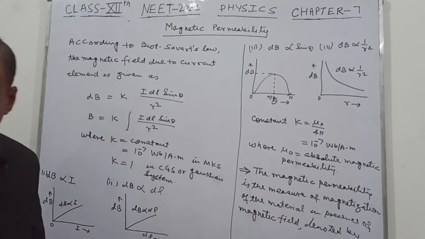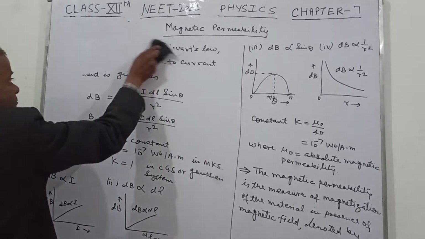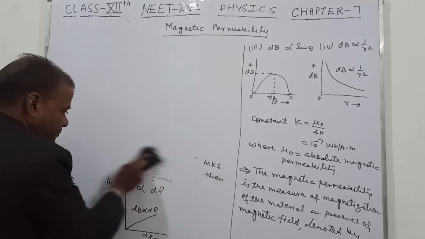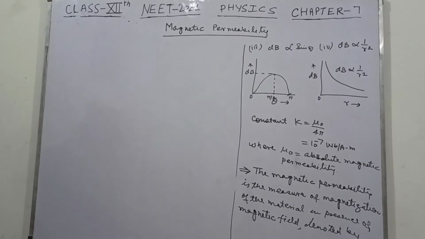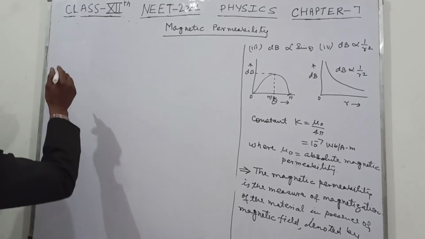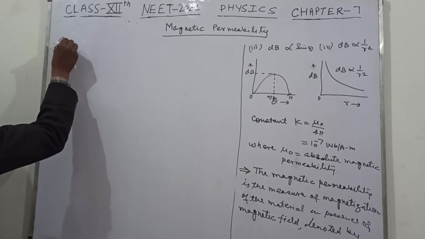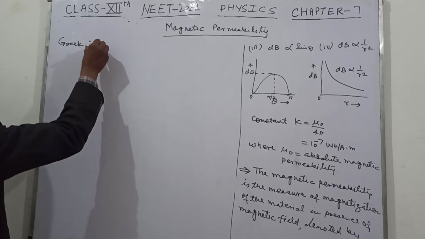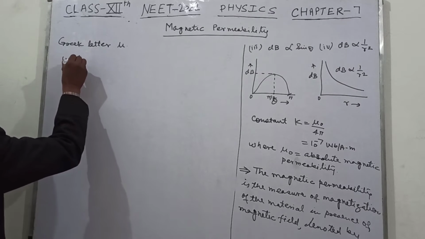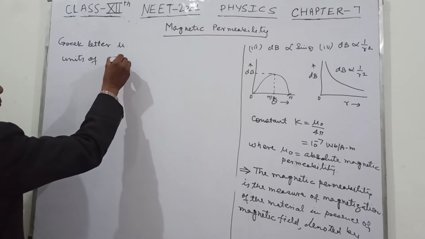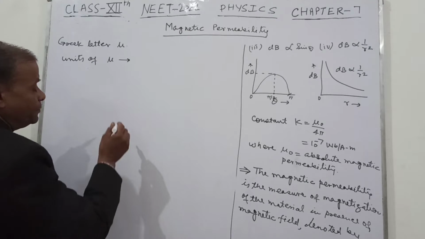Denoted by Greek letter mu. Now the units of mu: I have told you Weber per ampere meter.